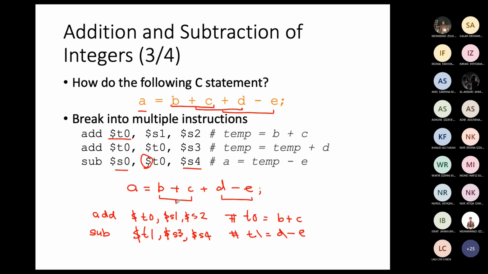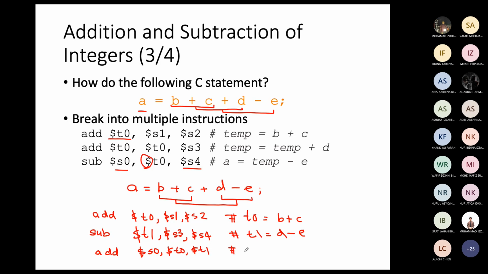Now we have both. Now I would add these two results to get the final answer, to save into A. So ADD, and then register A is $S0, comma, $T0, comma, $T1.